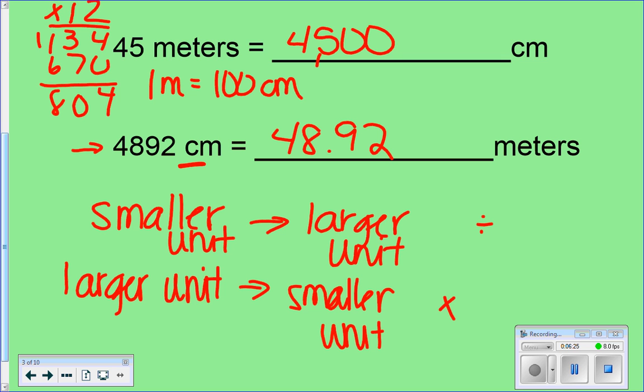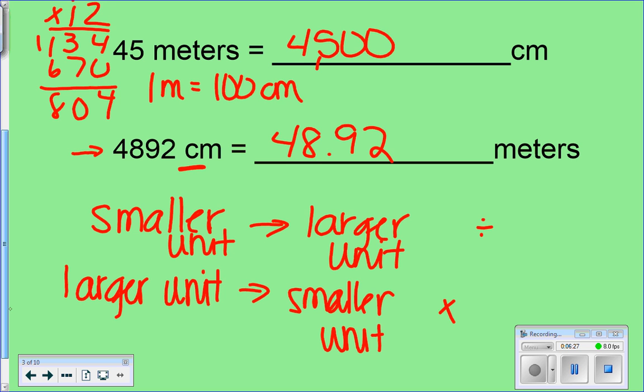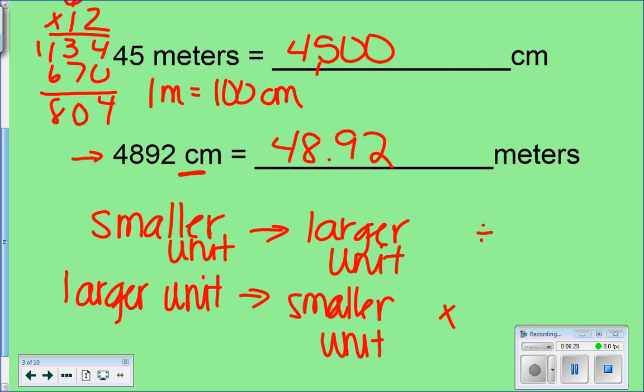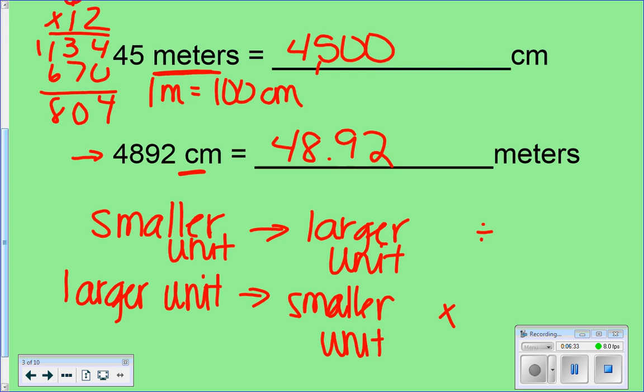I'm going to multiply. For example, this one up here. I'm going from meters, think how big a meter is, to a centimeter, itty bitty, larger to smaller, I had to multiply. Now remember, these only work for one-step stuff. Does that make sense so far? Okay.